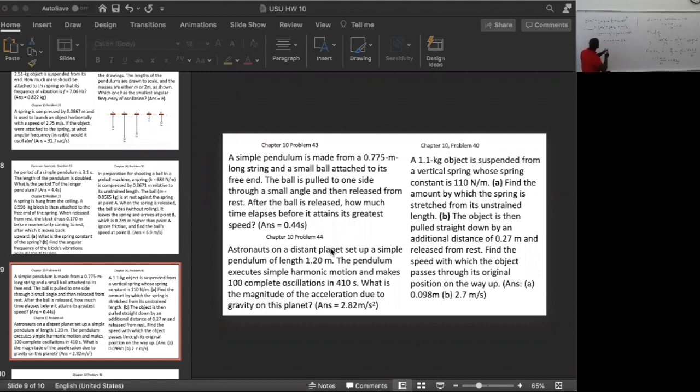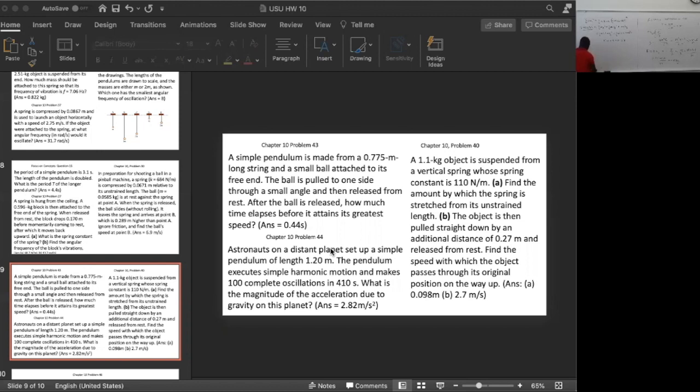So let's solve that. The left-hand side, half of 110, that is 55. Then I have 0.098 plus 0.27, square that, times 55. That gives 7.44832. That equals this side.